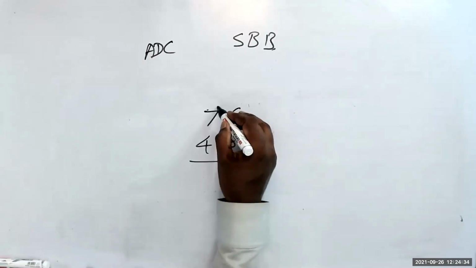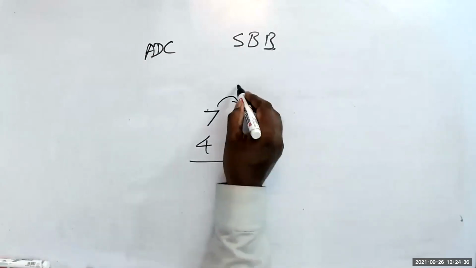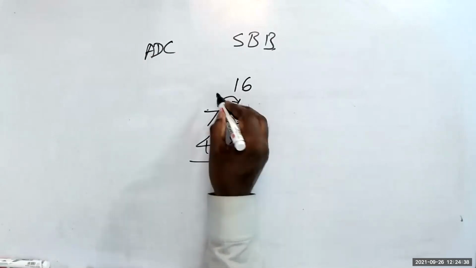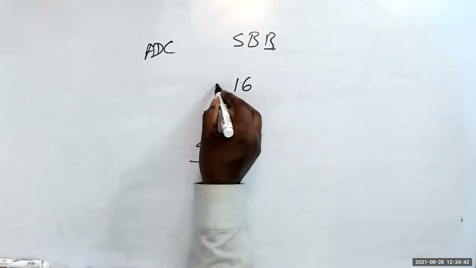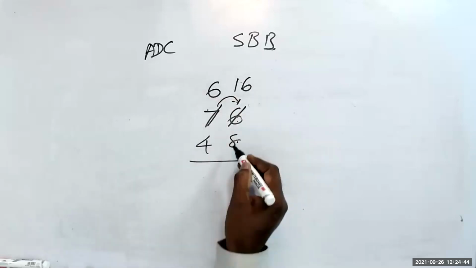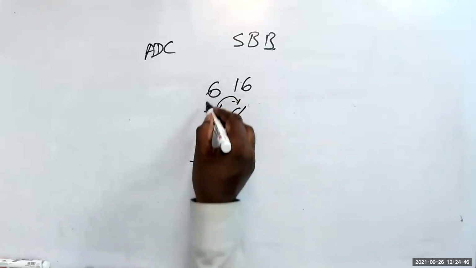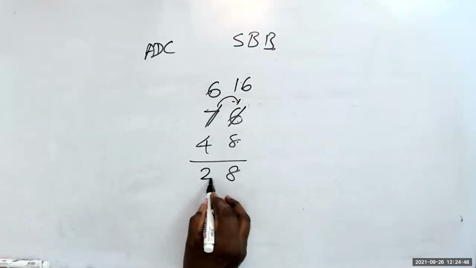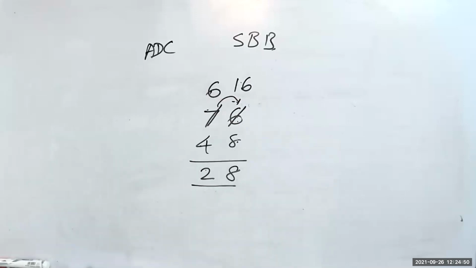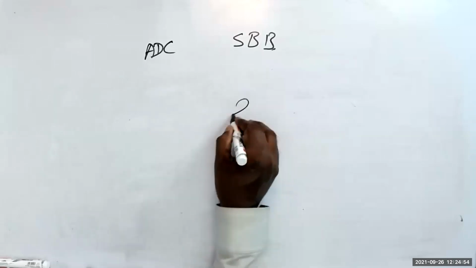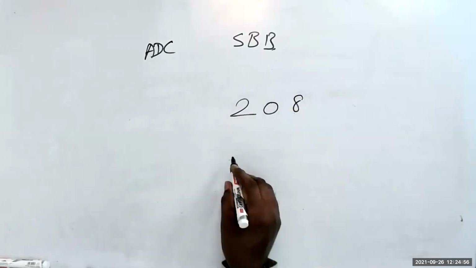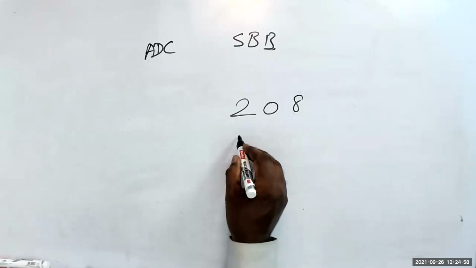I subtract here, this becomes 16, this becomes 6. 16 minus 8 is 8, 6 minus 4 is 2. That is easy. Suppose I tell you 208 minus 149.